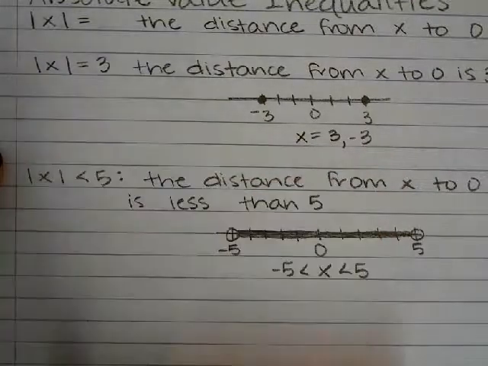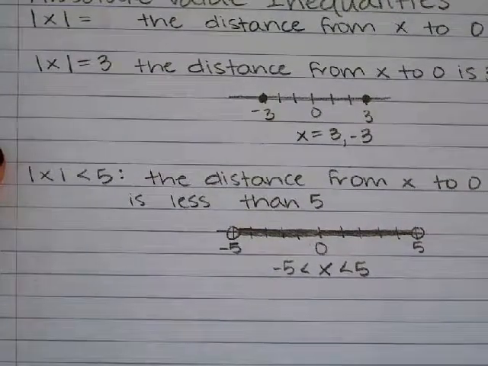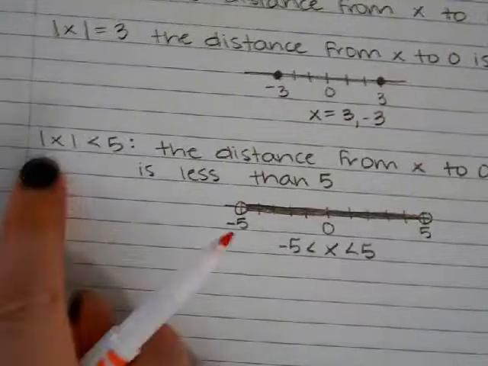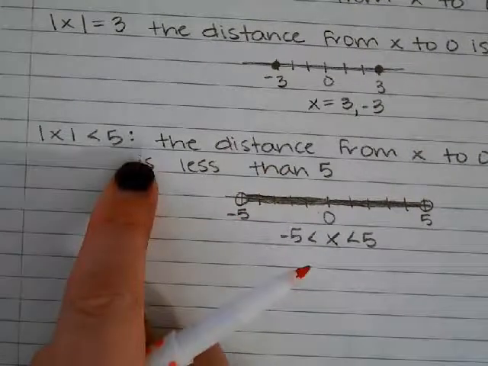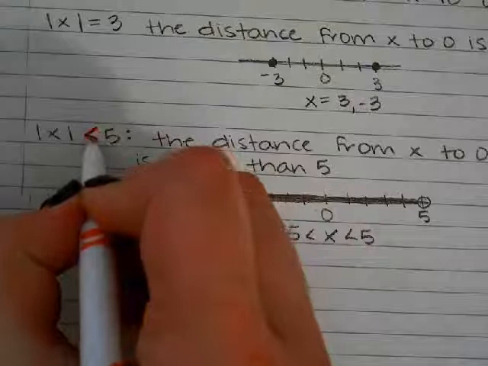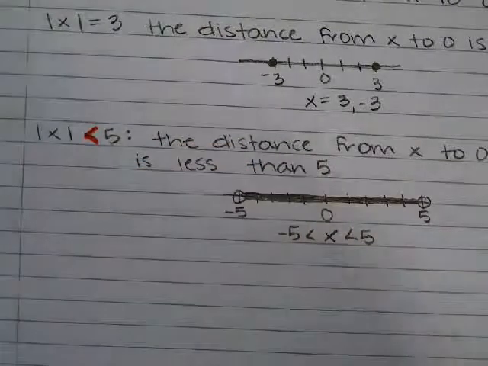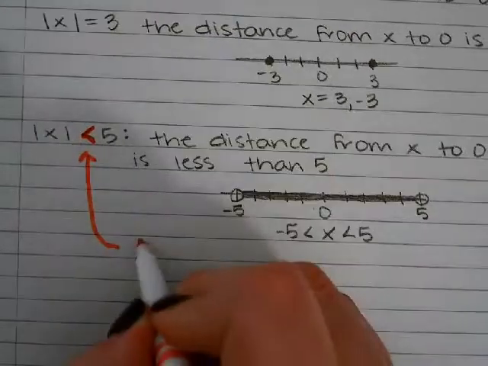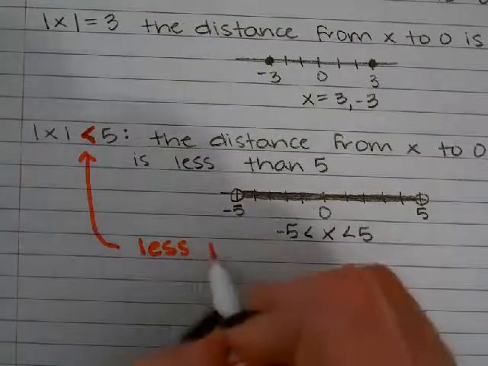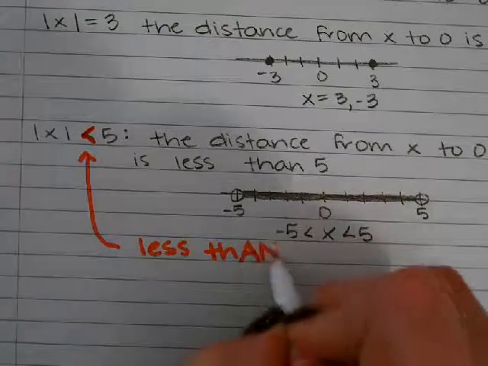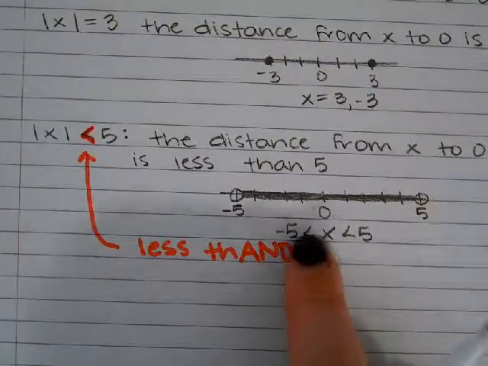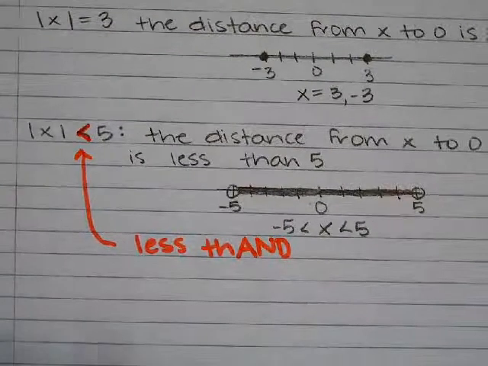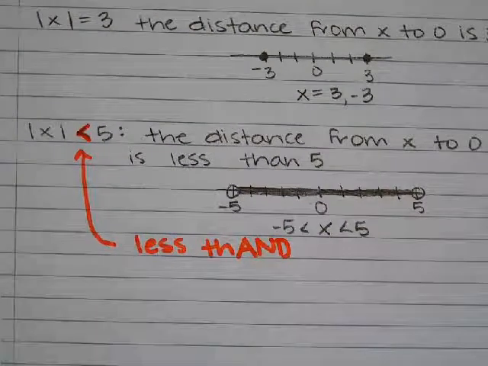If I have my absolute value sign isolated and then my number and a less than sign, then I'm going to remember that it is less than. And it's going to be between one number and another number. I'm going to remember that it makes a sandwich, less than. It's between one number and another number. Does that make sense? Less than.